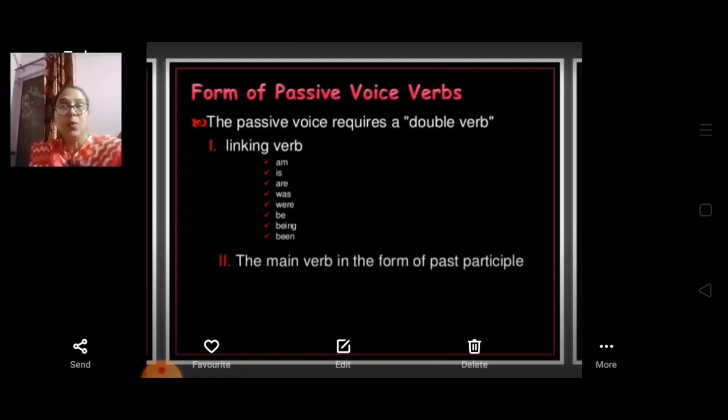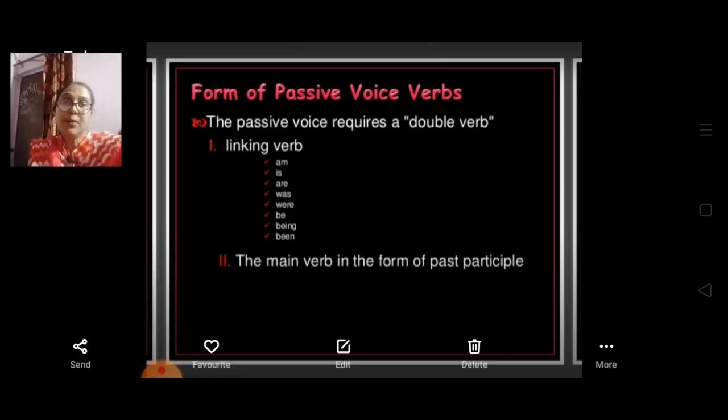These are the linking verbs. And the second, the main verb, in the form of the past participle. These are the linking or auxiliary verbs that we are going to use with the past participle.